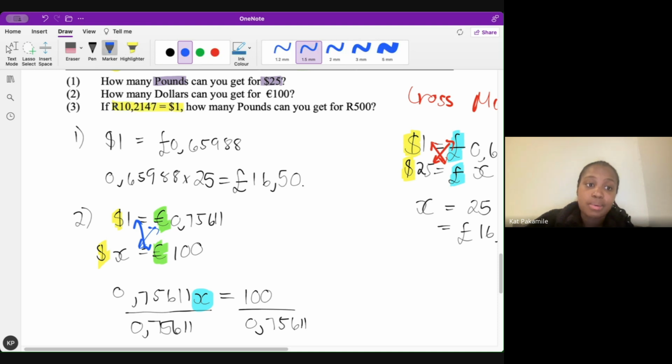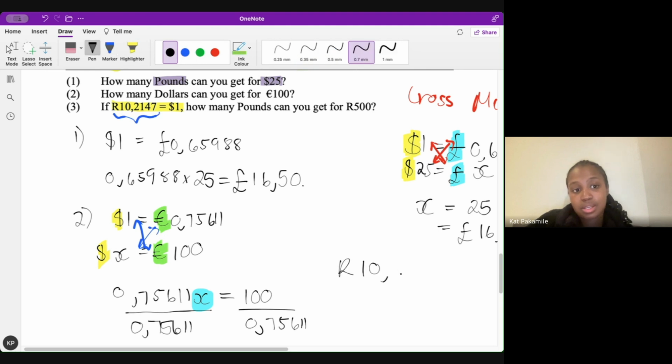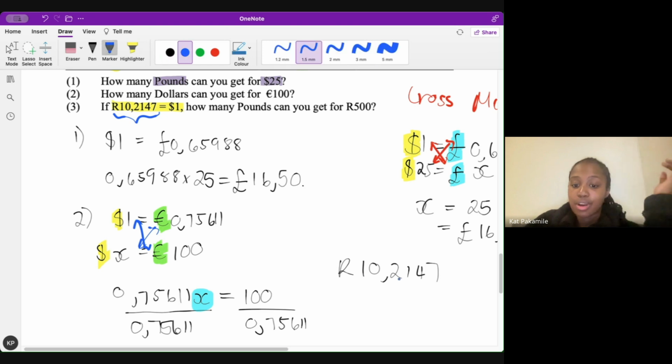Firstly, before I go anywhere, this amount that they put here for us. Okay. For those who may not be able to see properly, it's 10,2,147. Is that 10 rand or is it some sort of 1,000 rands? What is that? It is 10 rand, okay? I have emphasized this whole year that this comma means it's a decimal.